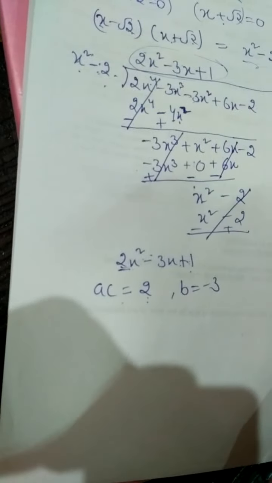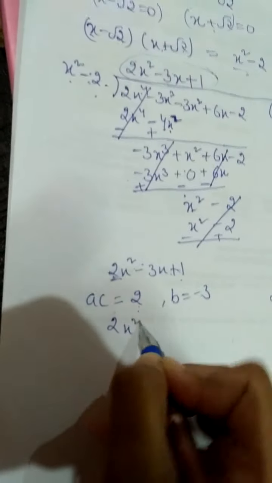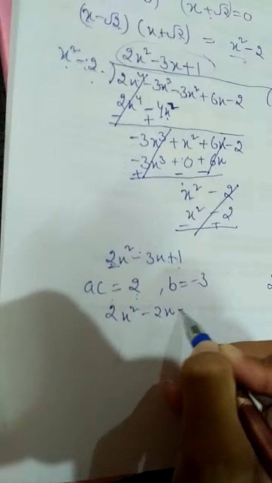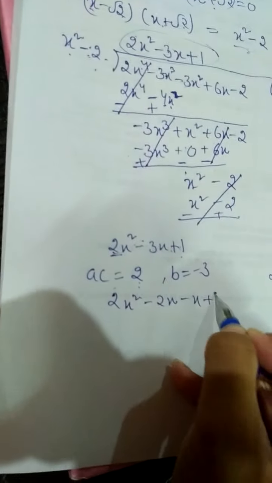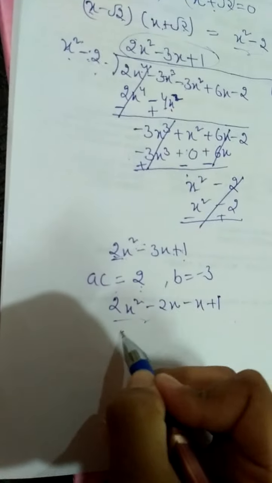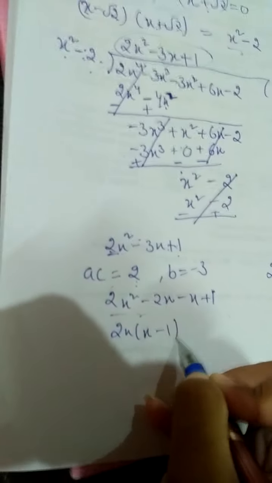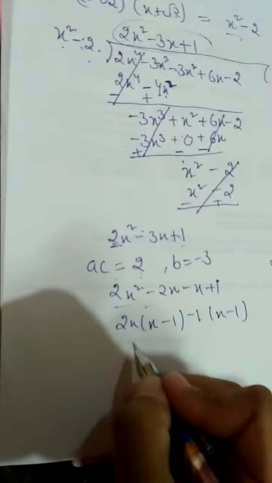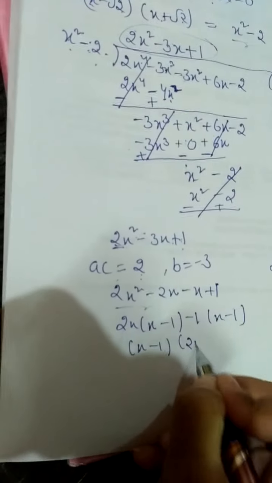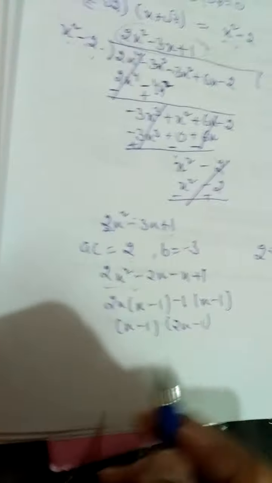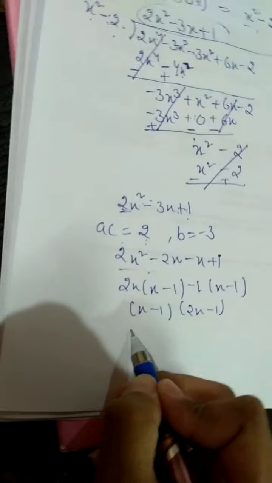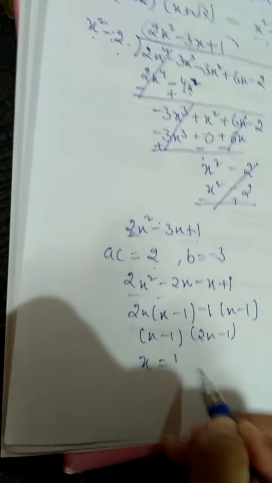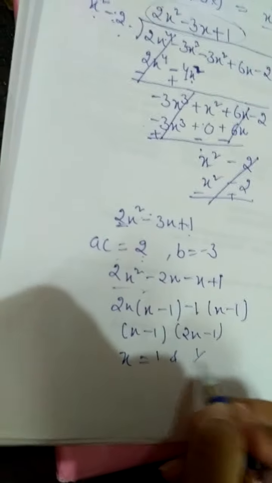So I have to add 2 and 1. So 2x square minus 2x minus x plus 1, taking common 2x, x minus 1, taking negative of 1 common, x minus 1, again x minus 1 common, and what is left is 2x minus 1. So from here we can write that the zeros of x are 1 and 1 by 2.